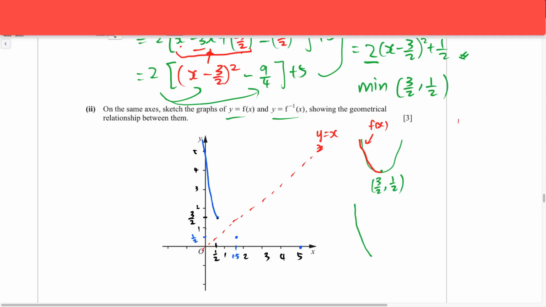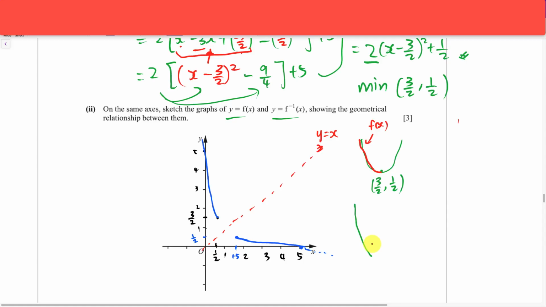As long as you get the idea, then it will be good. You have to pass by this one and then it continues here. So this is how you draw the reflection.